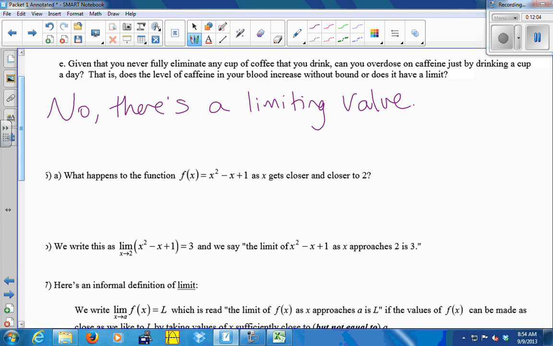Okay, it approaches a limit. So we could say the limit, sort of in fuzzy math notation, as t approaches infinity, right? So as time stretches on, the limit of the amount of caffeine in my body, we'll call it C, is what? 6.67 milligrams.